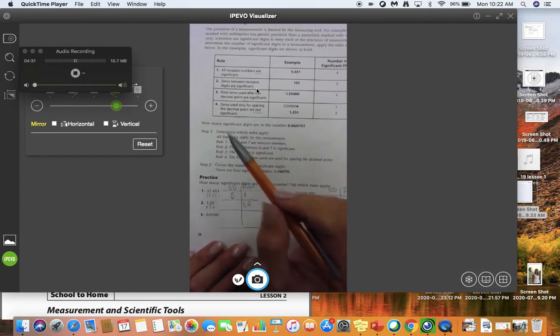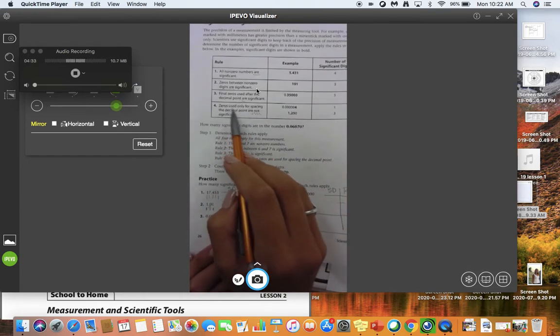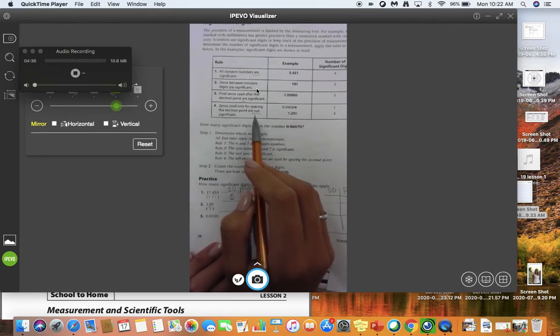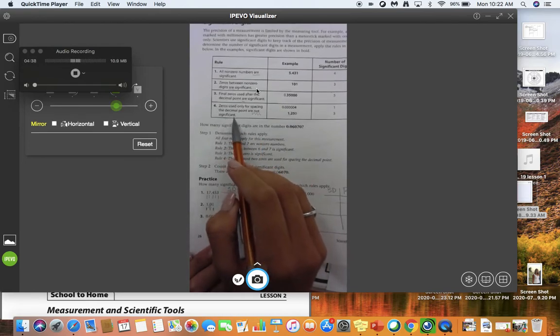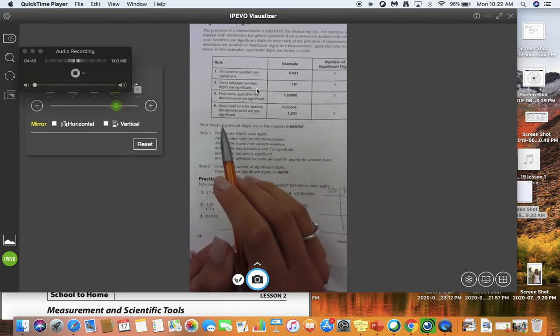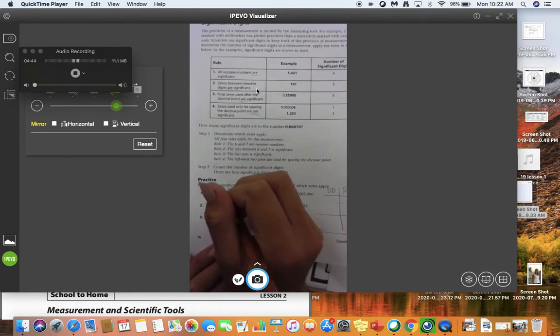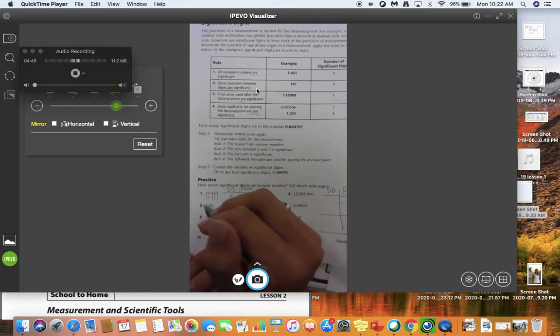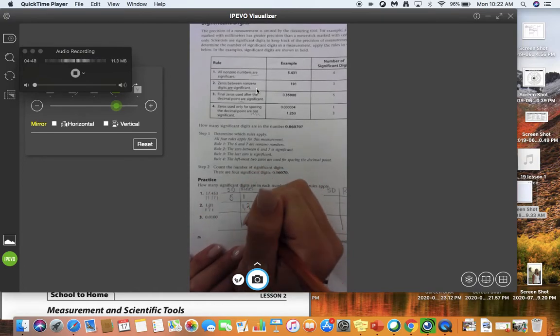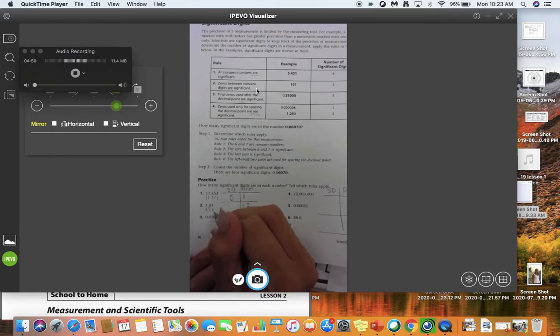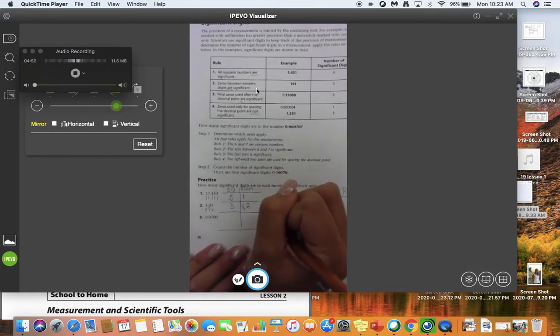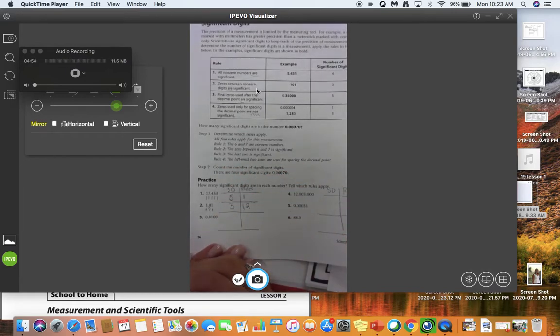Number 3, final zeros used after the decimal point are significant. I have no final zeros after the decimal point, so I'm not going to use rule 3. Number 4, zeros used only for spacing the decimal point are not significant. I'm not going to use rule 4 because this one is significant, even though it is for spacing, it is a significant digit because of rule 2.